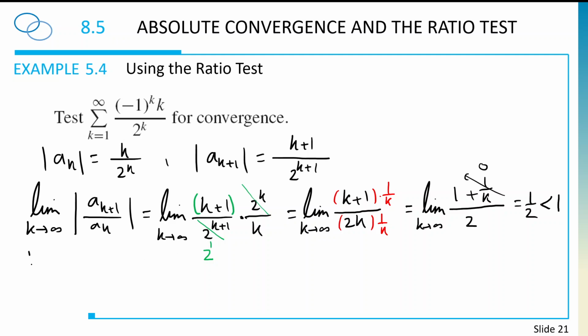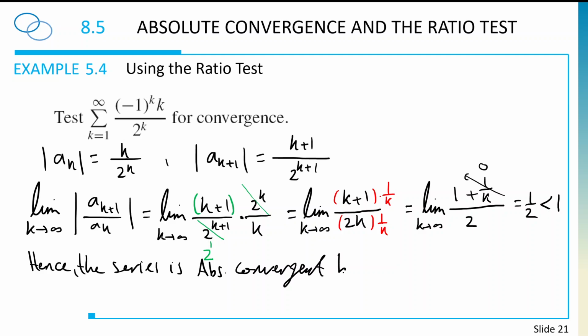So this equals half, and this is less than 1. So I can say that hence the series is absolutely convergent by the ratio test. Remember, you always need to mention which test you used.